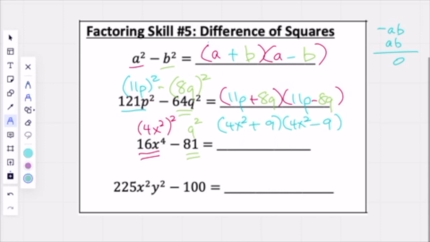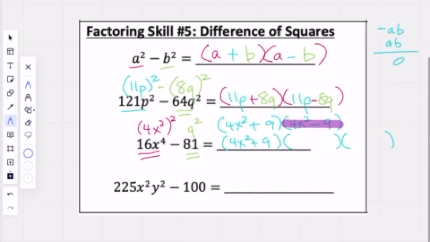Okay, very good. Now, if we're observant, we will see that this back binomial is also a difference of squares, so it can be factored further. So we're going to take that and break it down just a little bit more. This binomial in front here is just going to stay in front and tag along with us while we separate this back binomial into two binomials.